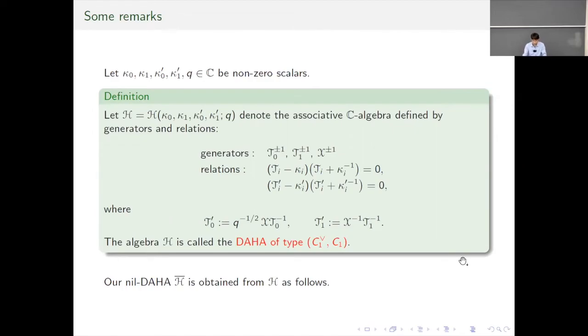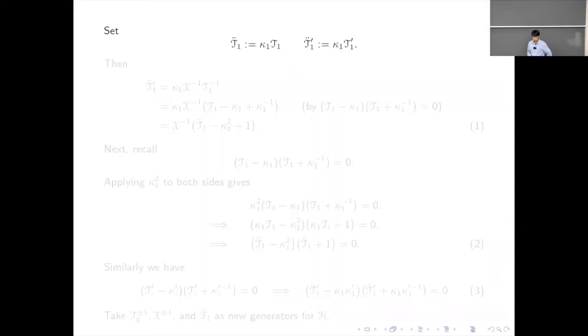Because this DAHA has 4 parameters together with the Q, now we specialize these parameters as follows. We set T1 double dot to be K1 times tau 1. T1 prime double dot is K1 T1 prime.